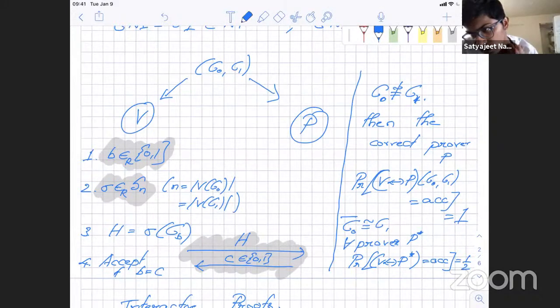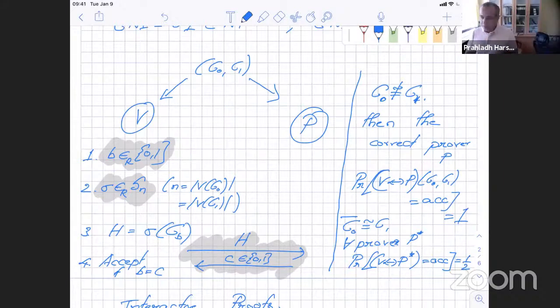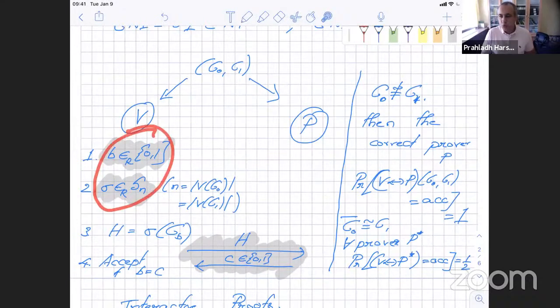I didn't quite get the definitions of public and private. I haven't defined them formally. Let's look at this example, graph non-isomorphism. These are the random coins of the verifier. Based on the random coins, the verifier computes this function H and reveals only H to the prover.